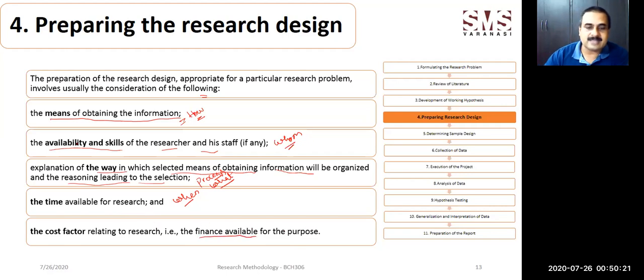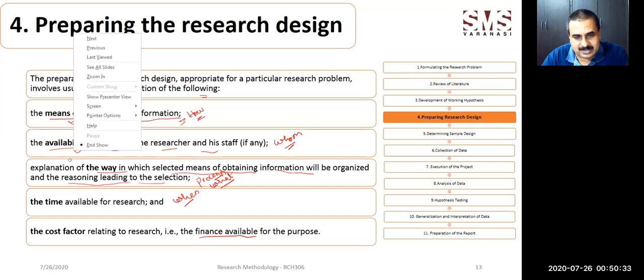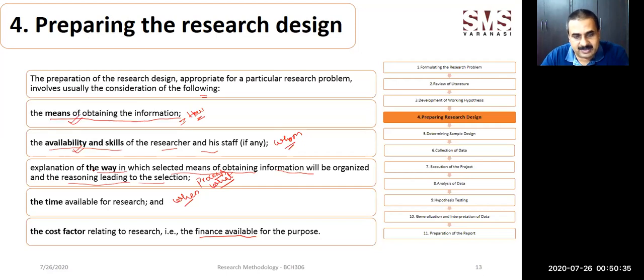So these are the basic requirements which any research design covers. Means of obtaining information, availability of skills in our hand, the process through which we are going to carry out the research, the time frame under which we are going to cover this particular research, and how much cost is available to carry out that research.